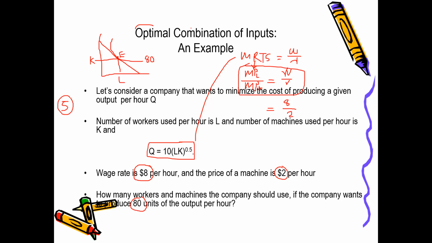So I was waiting for the answers. I did not get any answers, but I asked you to find the optimal combination of inputs. It means how many units of labor and capital to recruit at the economically efficient point, or optimal combination, to produce.